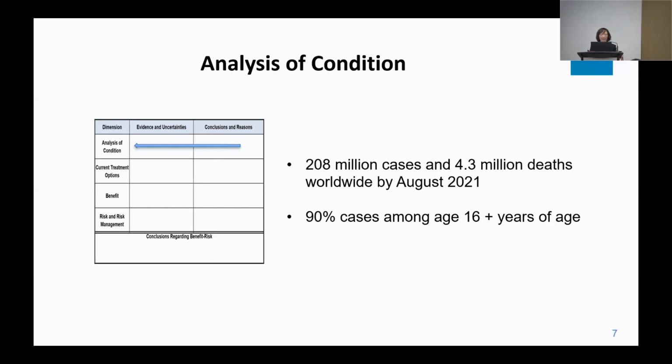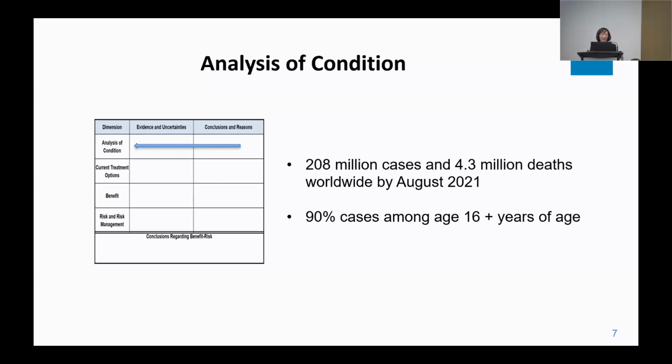So for analysis of condition, the COVID-19 pandemic posed a great challenge for public health. By that time, it had caused 200 million cases of COVID-19 and 4.3 million related deaths worldwide.